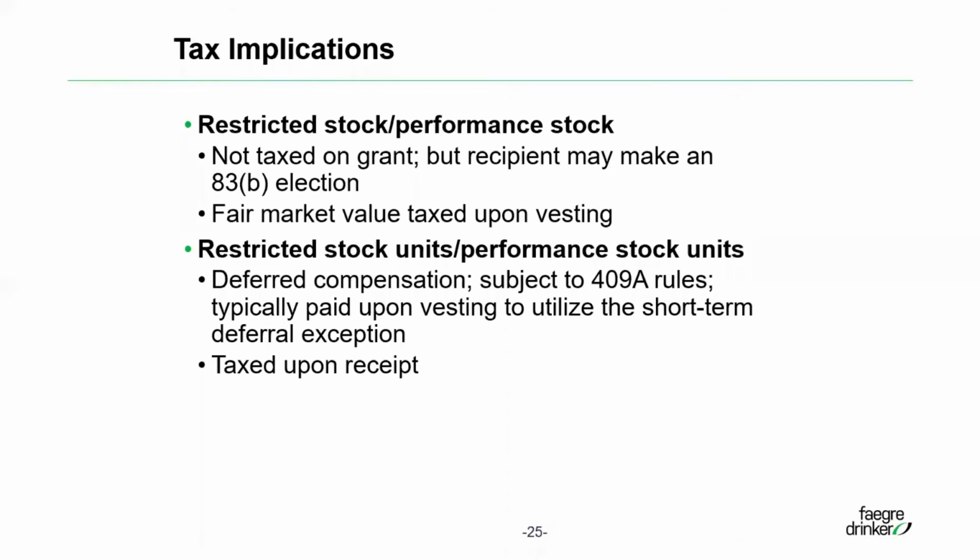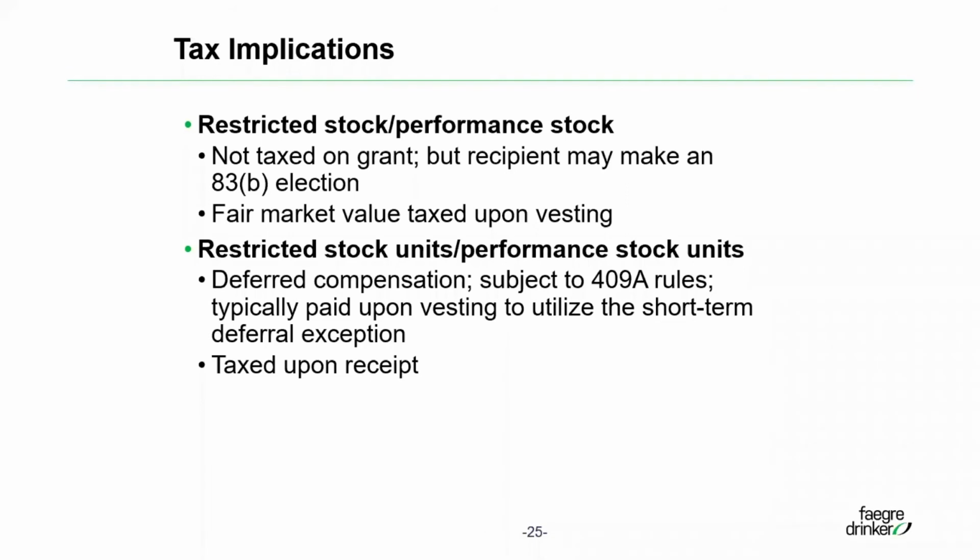And for whatever reason, you leave the company after 2 years and you forfeit that restricted stock grant because you have left the company. In that case, there is no going back and undoing that 83(b) election and recouping the tax. So you want to be careful when you make an 83(b) election that you are probably going to stick around for the vesting period.